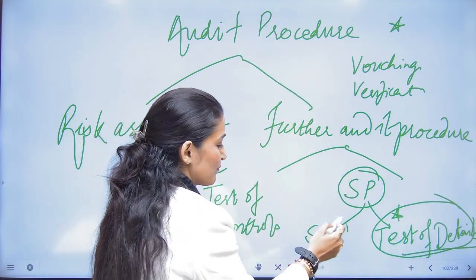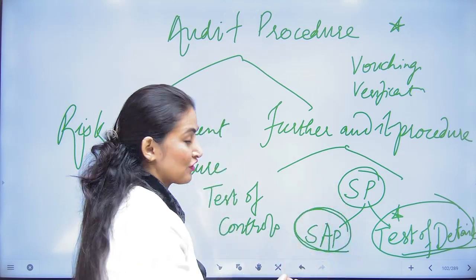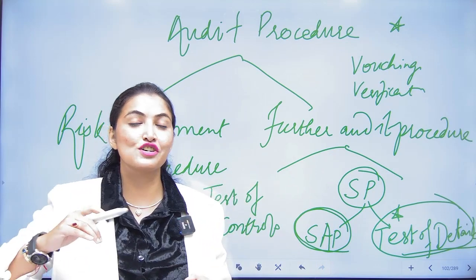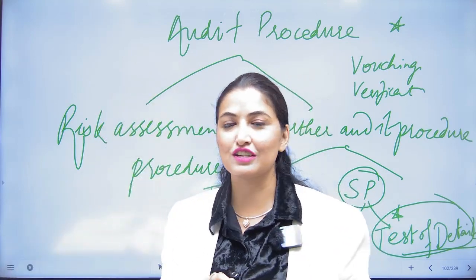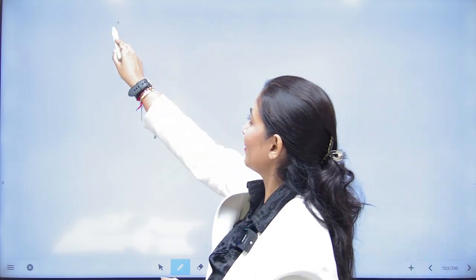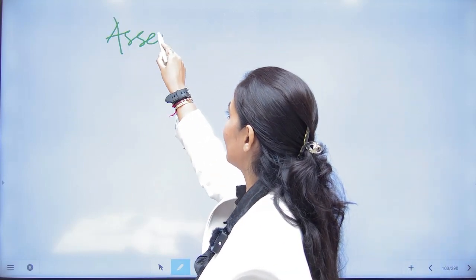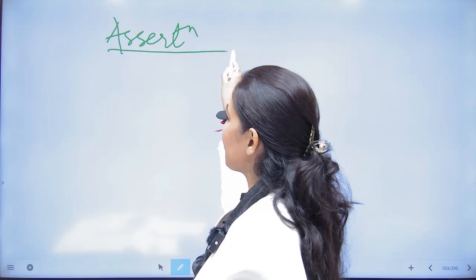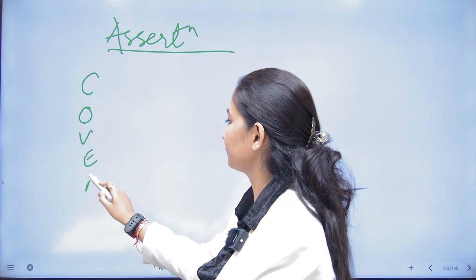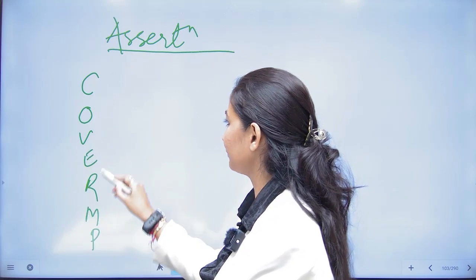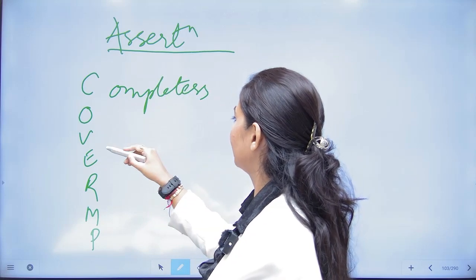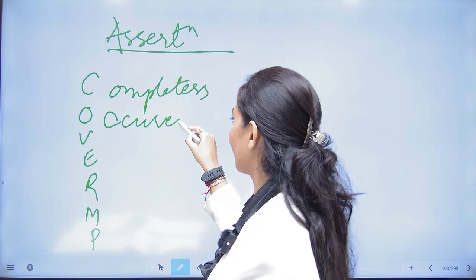And in substantive analytical procedure, what do you check? You check everything at the assertion level. What exactly is assertion level? Something that is predicting your whole balance sheet. What are the assertions of your balance sheet? Assertion is found in every element of your balance sheet and it is covered in COVER MP. This is completeness. This is occurrence.